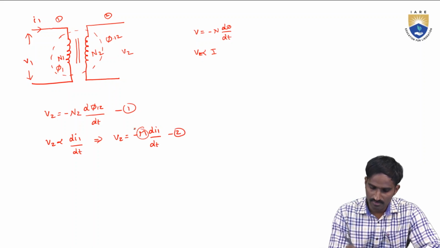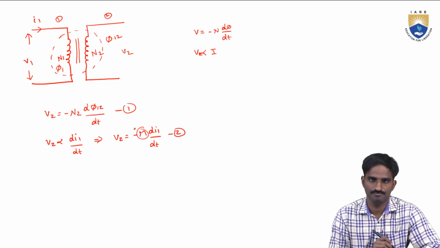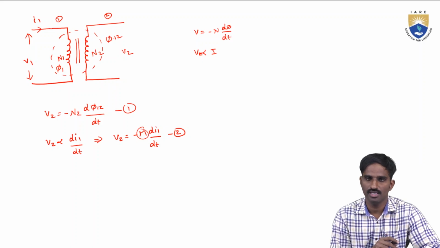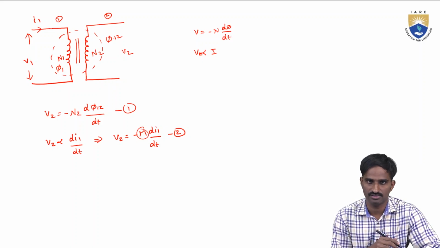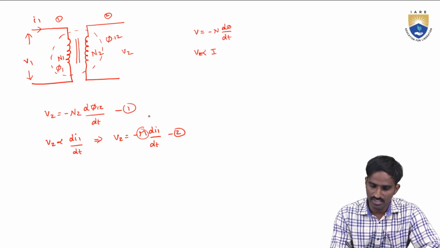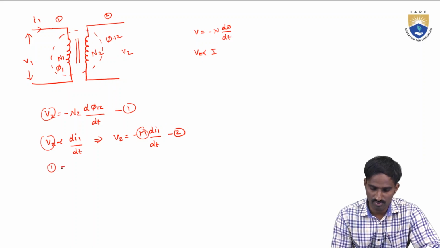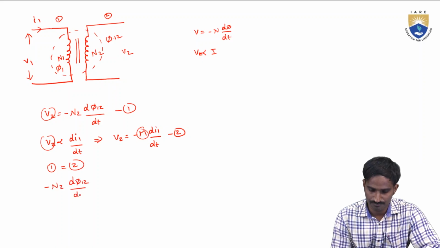Here M is the mutual inductance. Earlier, in the self-inductance concept, we represented it as L, but in mutual inductance we represent it as M. So M is called the mutual inductance. As you can see, equations 1 and 2 both represent V2, so we can equate them. Equation 1 is minus N2 d phi12 by dt, which equals minus M di1 by dt.